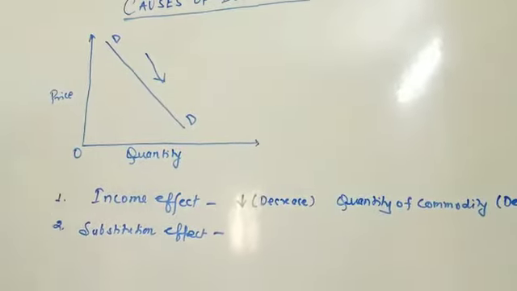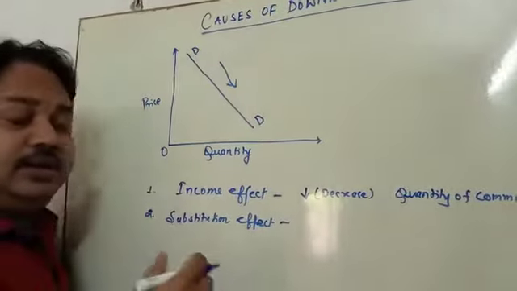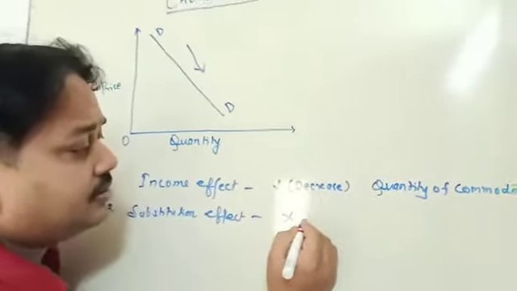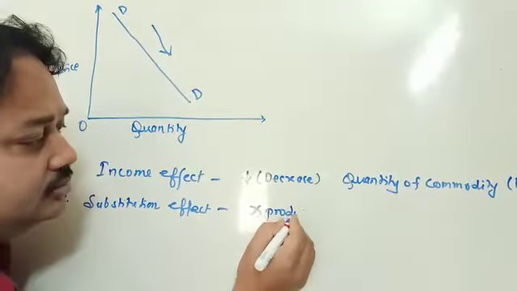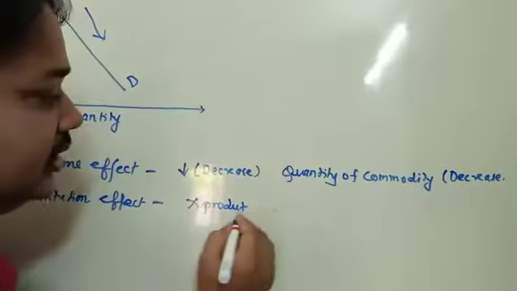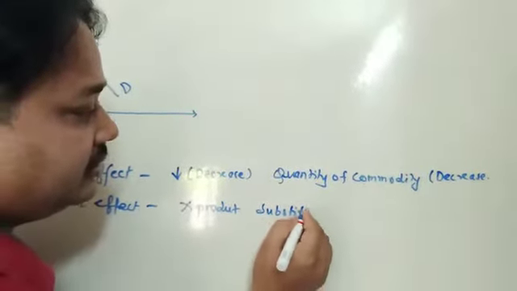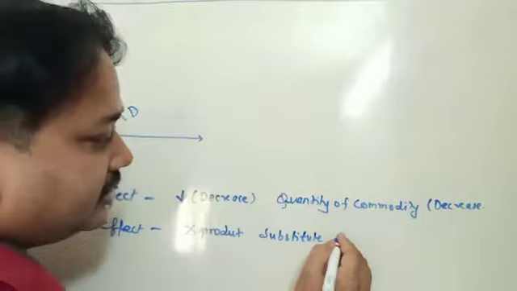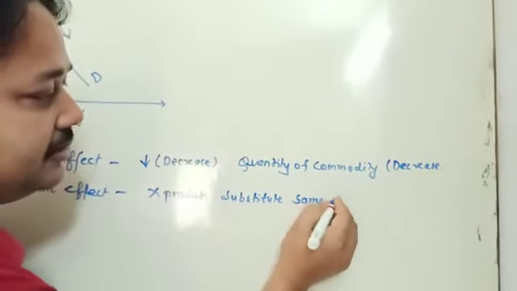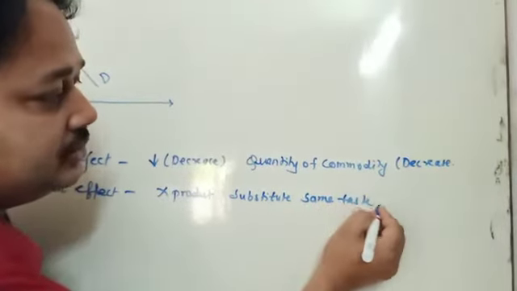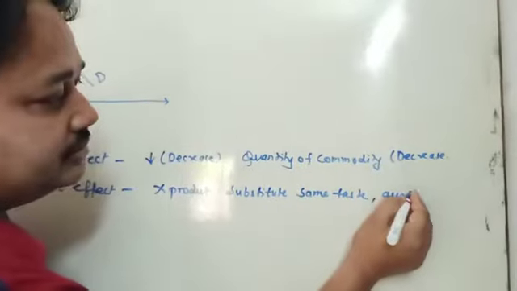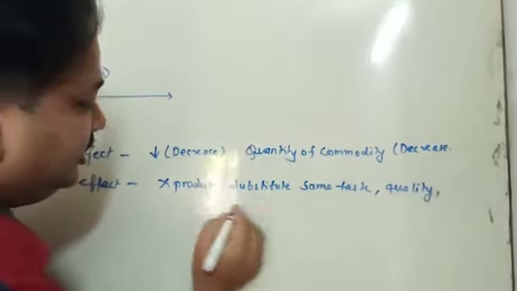For example, if you are using X product, now you are going to substitute another, Y product, which provides the same taste, quality, utility.